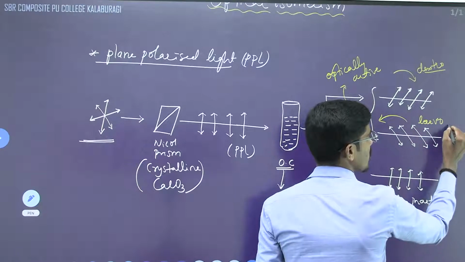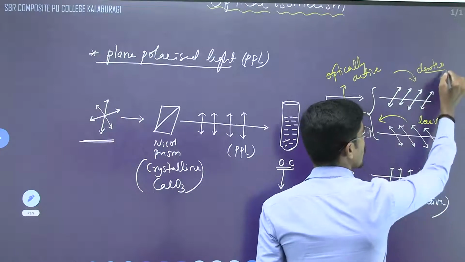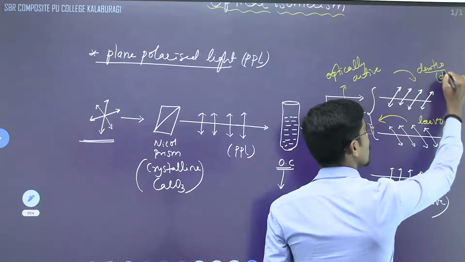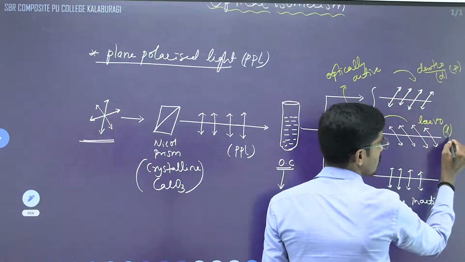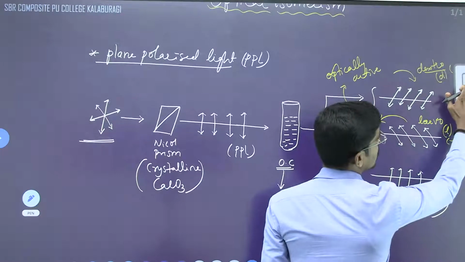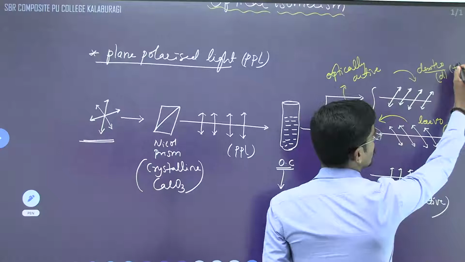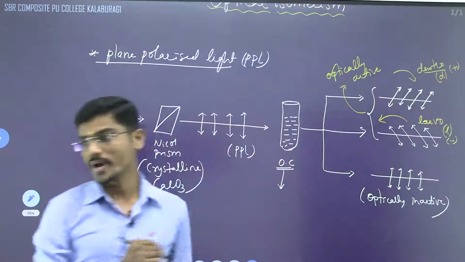Levorotatory is said to be the L form, L compound, and dextrorotatory can be represented by D, or by the symbol plus, and levorotatory by the symbol minus. Either you can write plus or you can write minus.